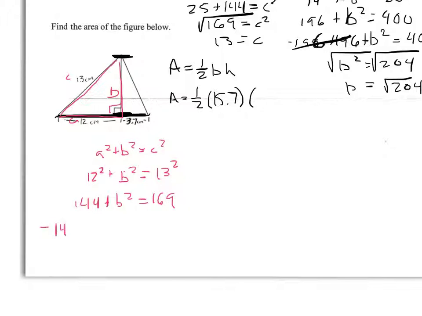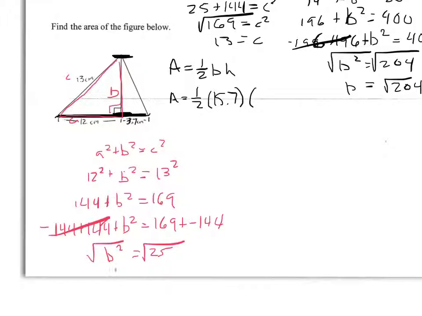Add a negative 144 to both sides. 169 plus negative 144 gives me that B squared is equal to 25, which means that B itself is 5 centimeters. So that gives us the height. B is equal to 5 centimeters.